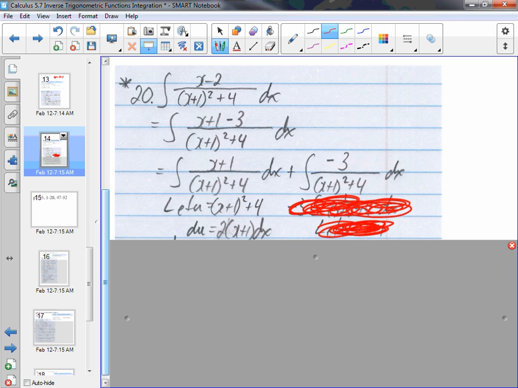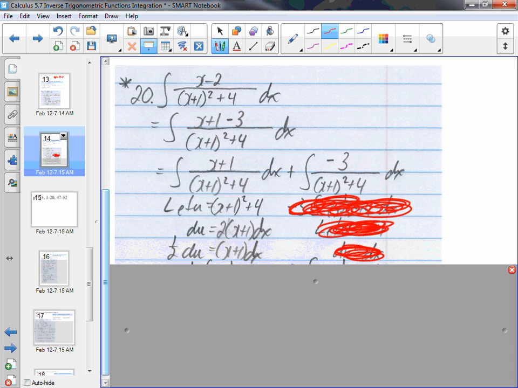Okay, well look, that's pretty cool, except for the 2. So we could rewrite this one then. I'll do it up here, then I'll put it in the proper place. Our denominator of x plus 1 quantity squared plus 4, all that got replaced with u.